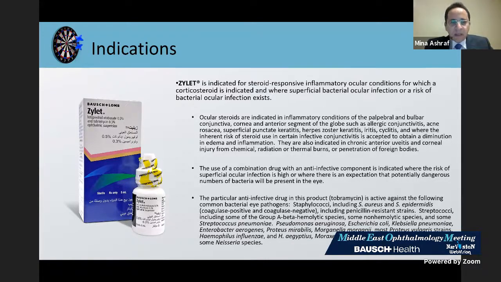foreign bodies. For tobramycin, the use of a combination drug with an anti-infective component is indicated where the risk of superficial ocular infections is high and where there is an expectation that a potentially dangerous number of bacteria will be present in the eye. As for the dosage and administration of Xylet, first of all, it's recommended to shake vigorously before using because Xylet is a suspension.